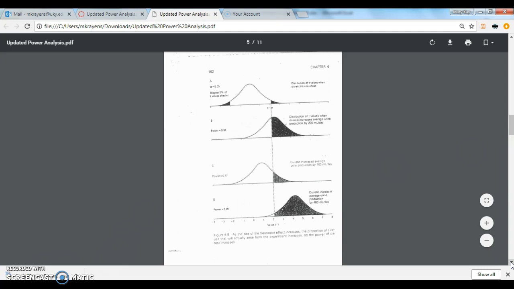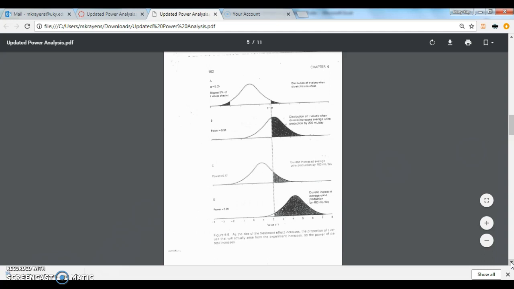So with that smaller difference or smaller effect size, you would get a power of 17%, because only 17% of the time would you have values that were beyond the critical value of 2.101.